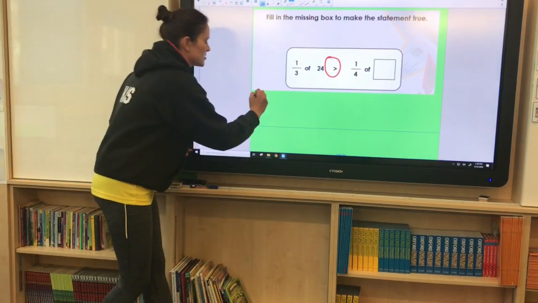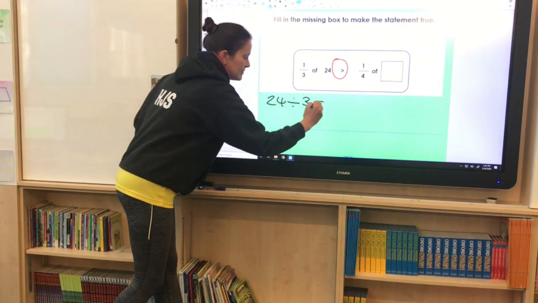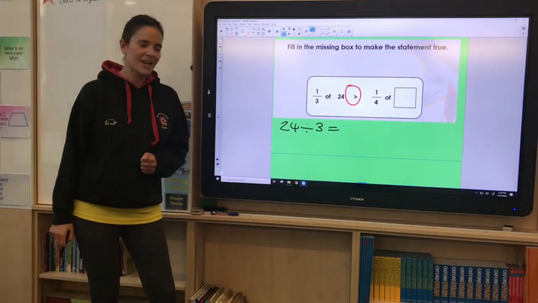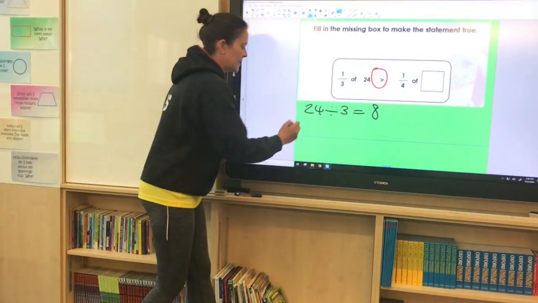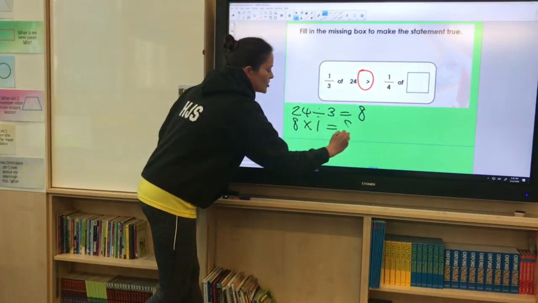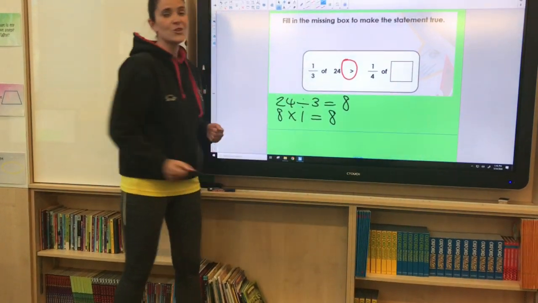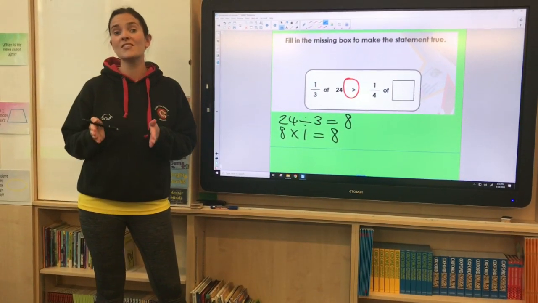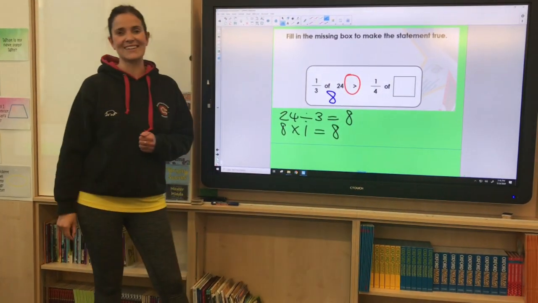And to do that, we take our amount and we divide it by the denominator. We know our 3 times table. 24 divided by 3 is 8. And then we take our answer and we times it by the numerator, which gives us 8. So this half of the equation, and you can jot down your answer on the actual question, the value of 1/3 of 24 is 8.